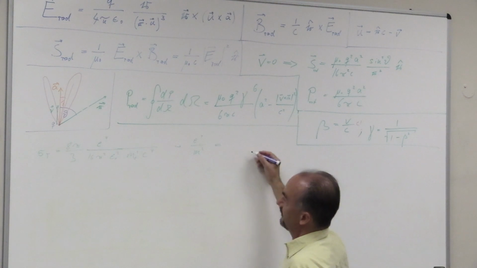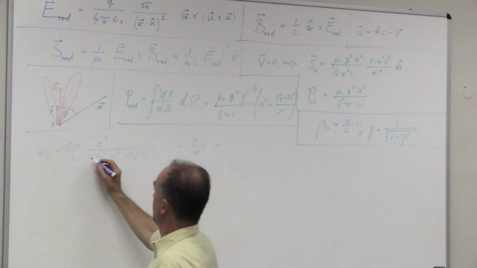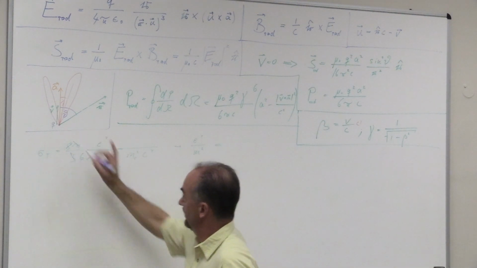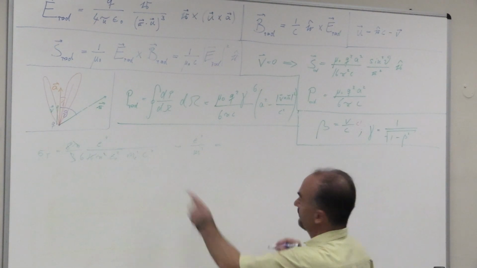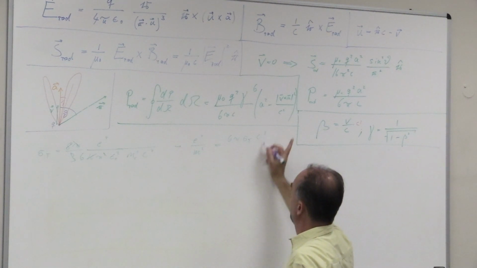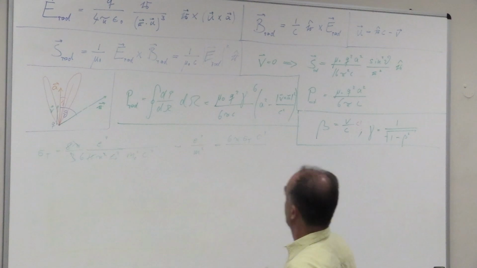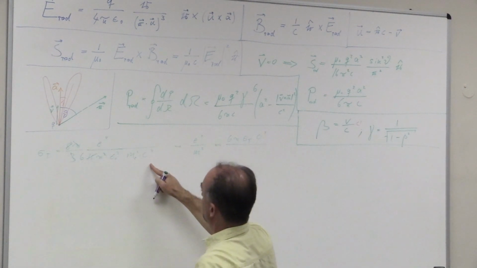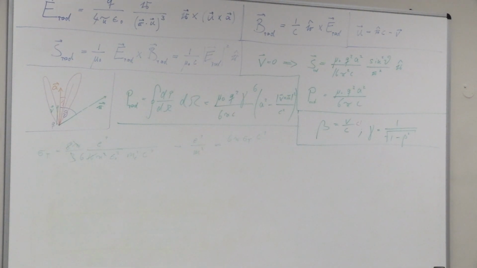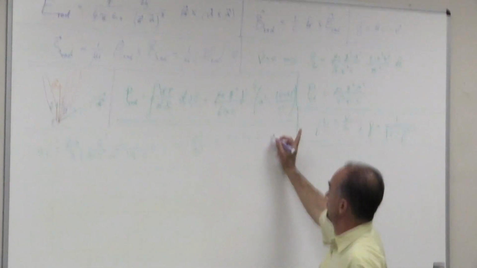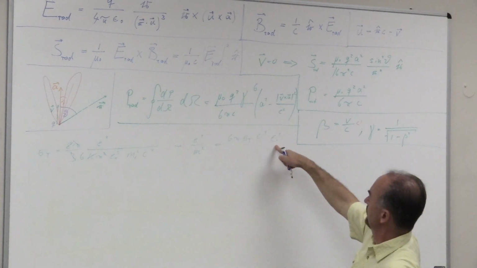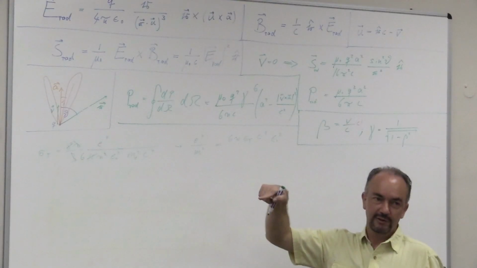So that gives us 6 pi sigma Thomson c to the 4th over epsilon naught squared. But c to the 4th epsilon naught squared is actually 1 over mu naught squared.